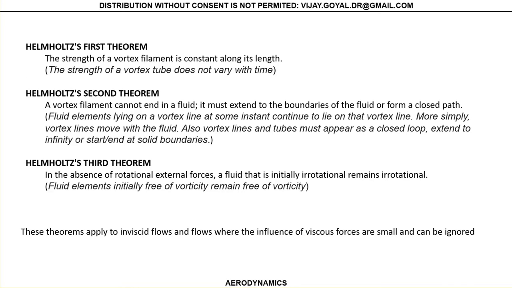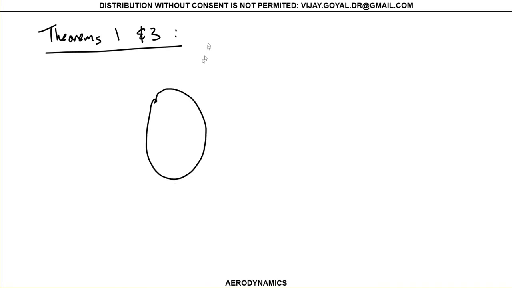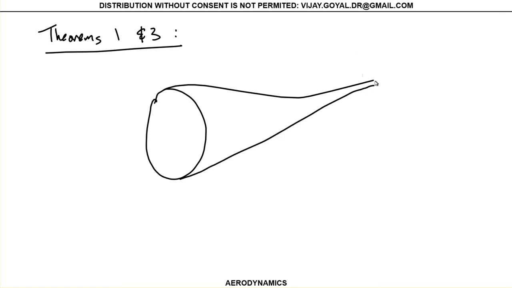So the first thing you have to keep in mind, let's understand what theorem 1 and 3 mean. Okay, so to understand this, consider you have a body of fluid, and it's moving along a flow. Then you have here the normal to this vector, n.